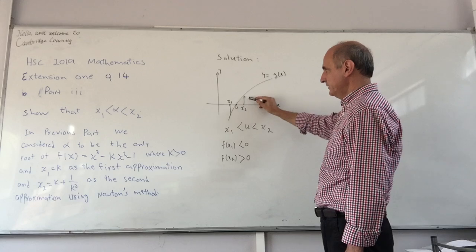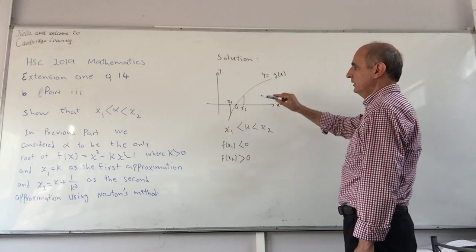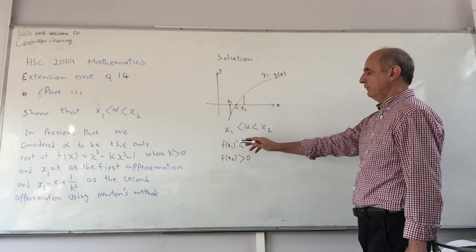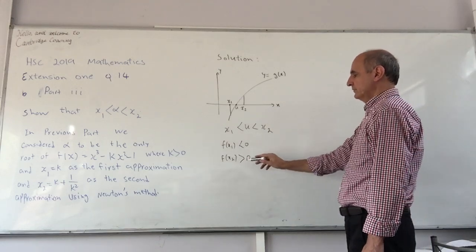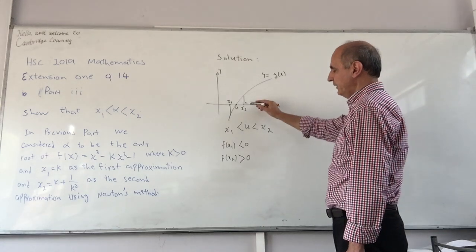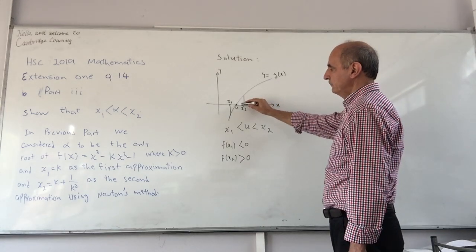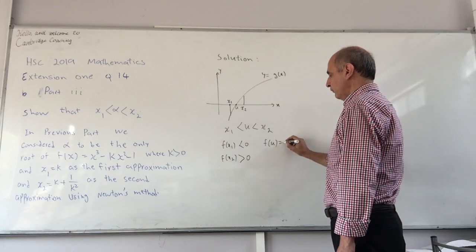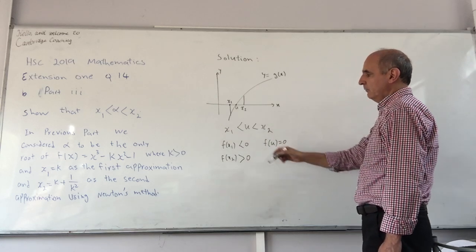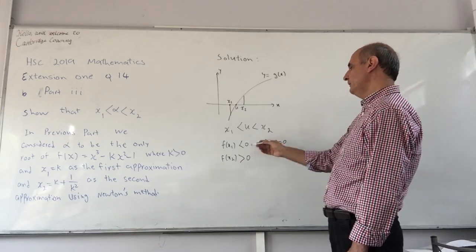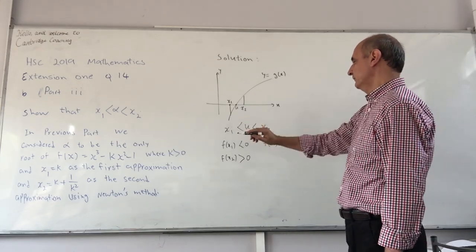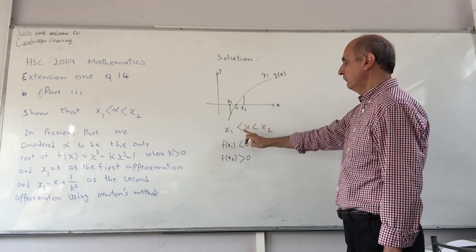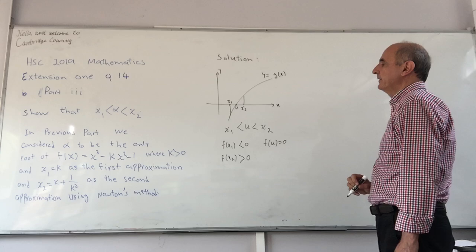So the function is increasing, and at some stage it must be 0. By showing that f of x1 is negative and f of x2 is positive, I can show that u, the value for which f of u is 0, must lie between them, so x1 and x2 make an interval where u is located inside.